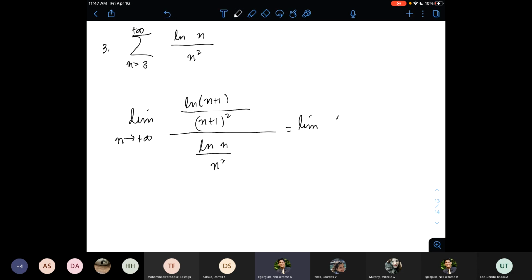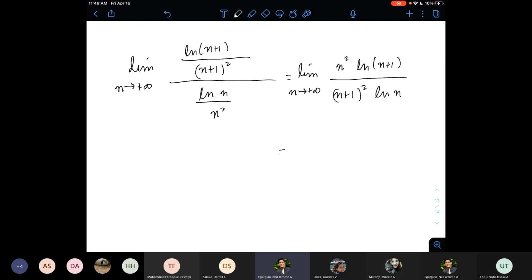So upon simplification, this will just be n squared ln of n plus 1 all over n plus 1 squared ln n as n approaches infinity. And then here, to get the limit, I might need to use L'Hopital's rule. Because this would be infinity over infinity, right? So I can try L'Hopital's.